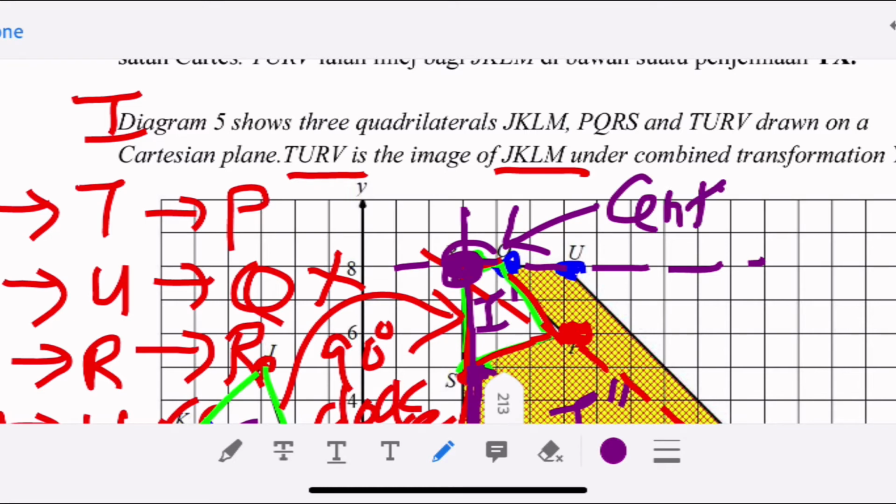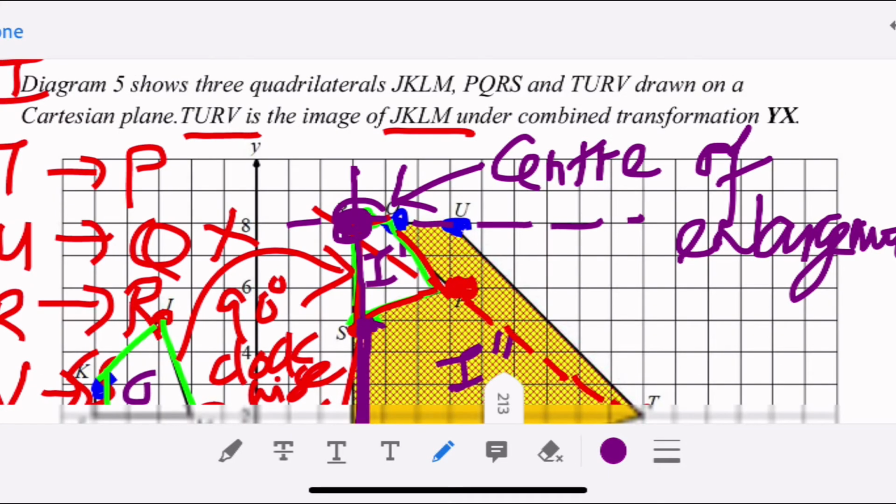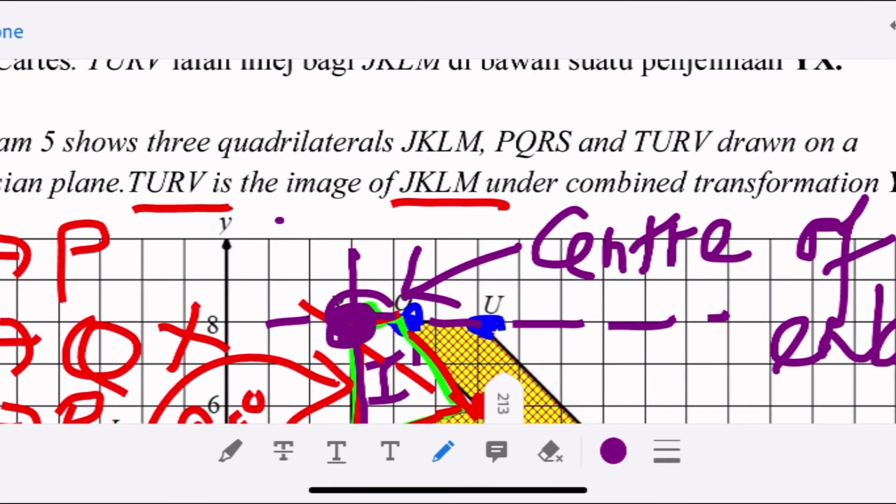Alright, so we mark the center using the purple color lines, and then we need to write the answer in a sentence because the question is asking us to describe.